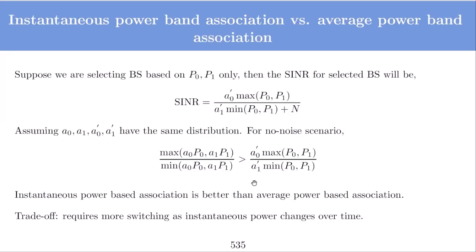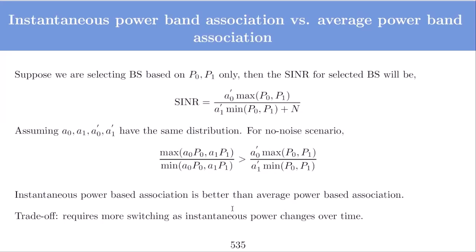Okay, the instantaneous power-based association is actually better, but the problem is that because the fading is changing very fast, it may happen that you have to switch the base station, and when you switch the serving base station, it requires some handoff and some overhead, which can actually take a lot of resources if this is happening very fast.